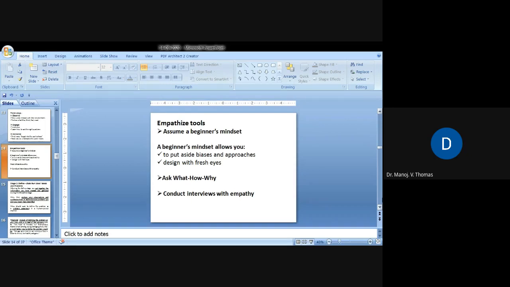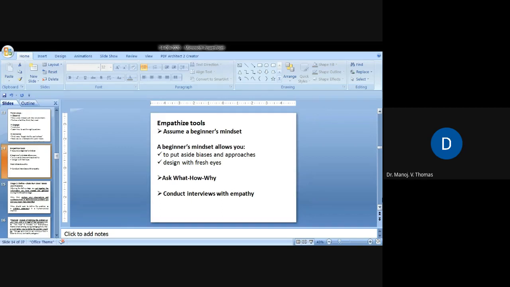But that may not be really required or may not be suitable for solving the particular problem that the user is facing right now. So you have to design with fresh eyes. That is why, even though you may be an experienced person, you have to adopt a beginner's mindset before you actually start designing, at this empathize stage.